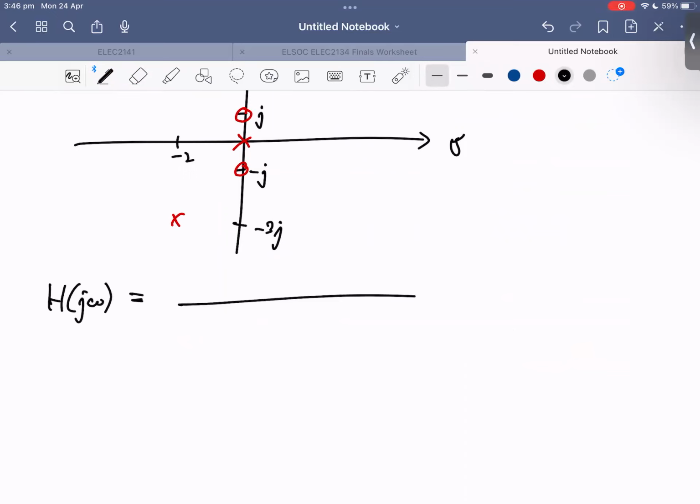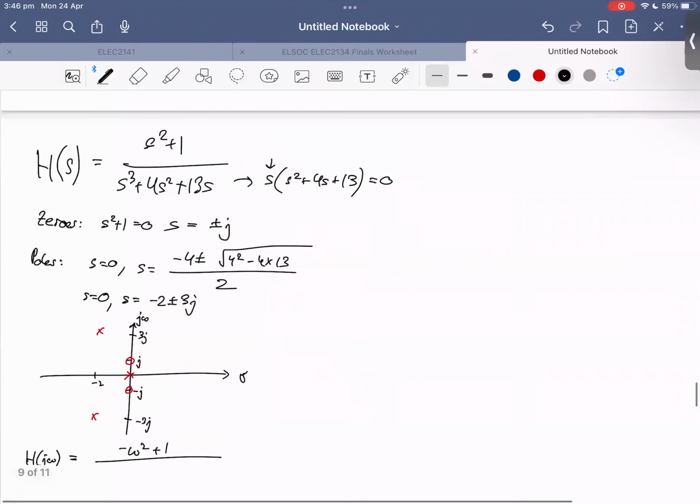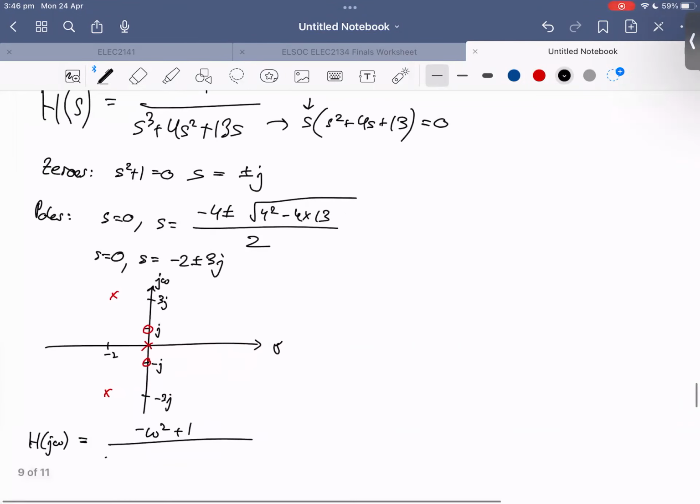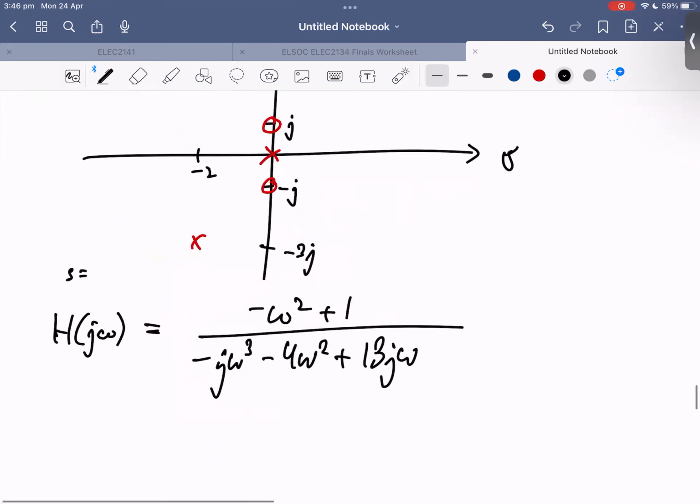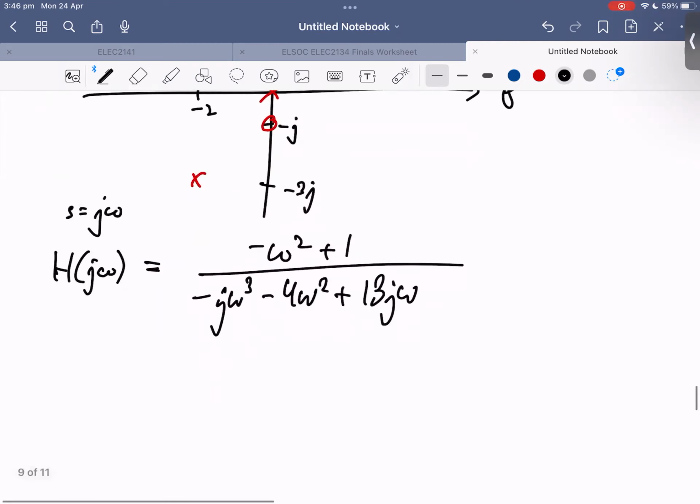That's s squared plus 1, if you sub in s equals j omega, that gives you minus omega squared plus 1. And on the bottom we had s cubed, which is minus j omega cubed, and then minus 4 omega squared plus 13j omega. So all I've done is sub in s equals j omega.